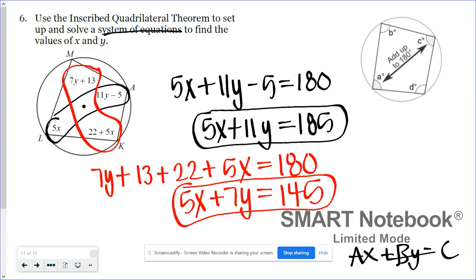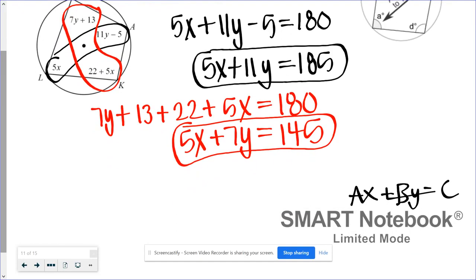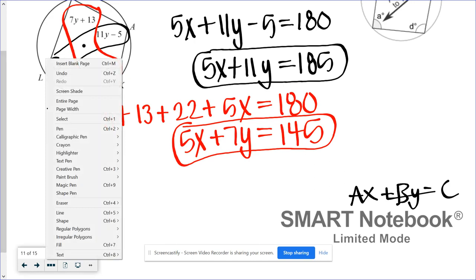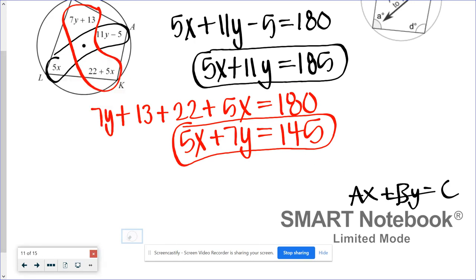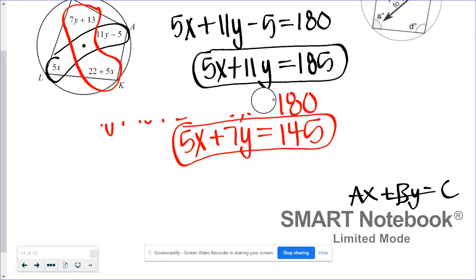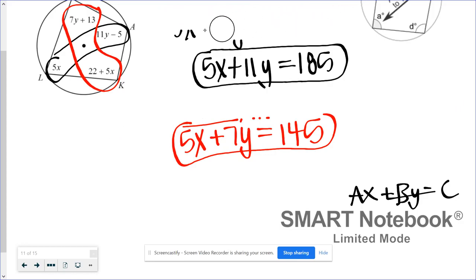All right. So are we good here? Because I'm going to erase one of my pieces of work. I'm going to erase this stuff right here because I want us to just focus on the two equations that are written in standard form.